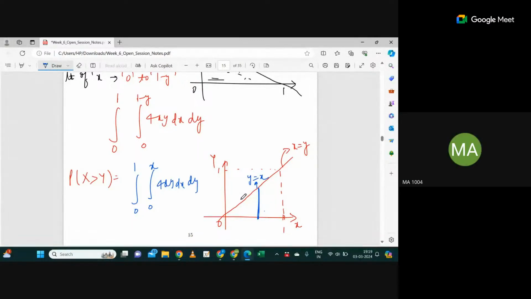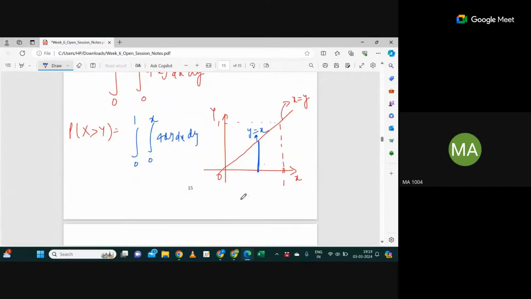Now you will tell me, if this is the case, x less than y, right? So this will be your region of interest. In this region, if I want the limit of x, what do I have to do?